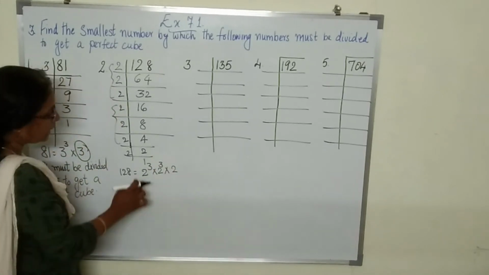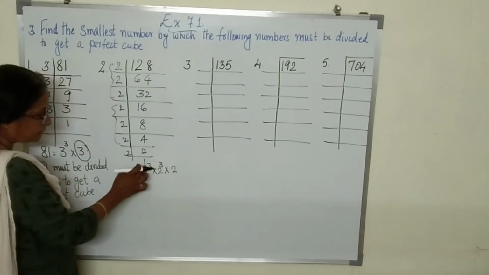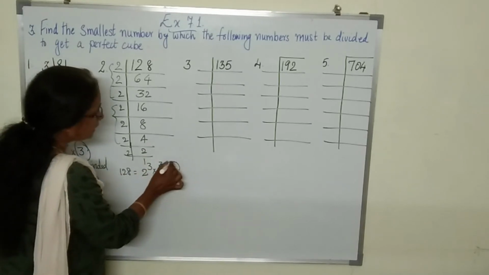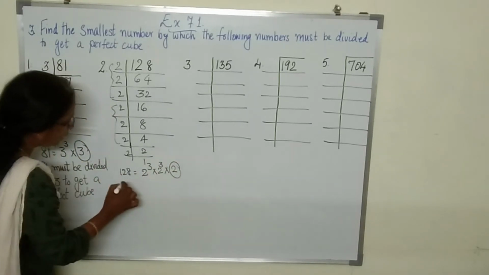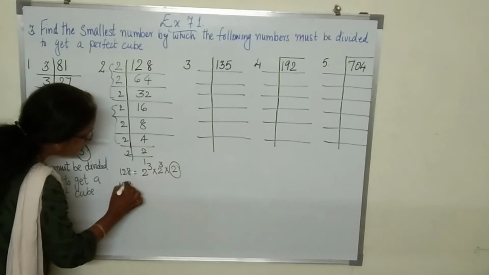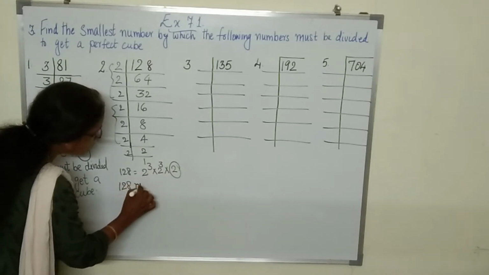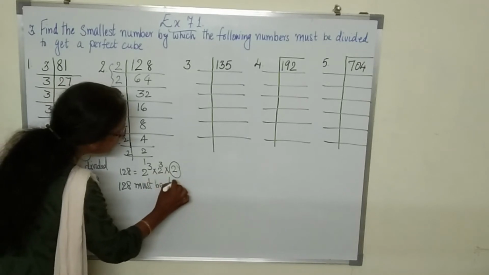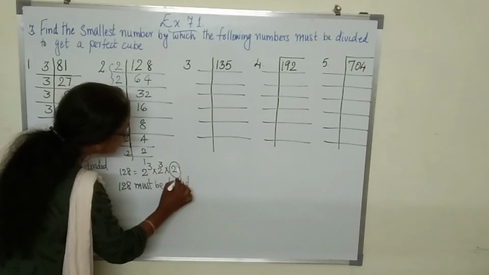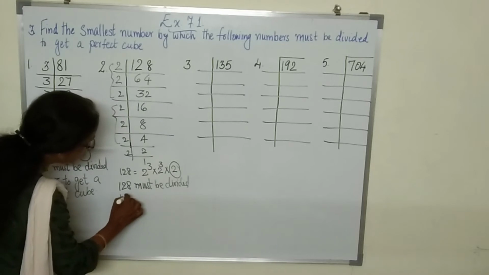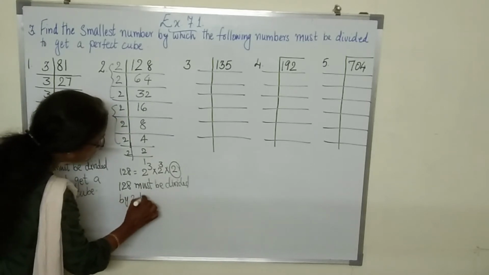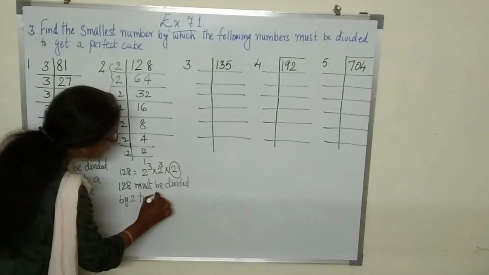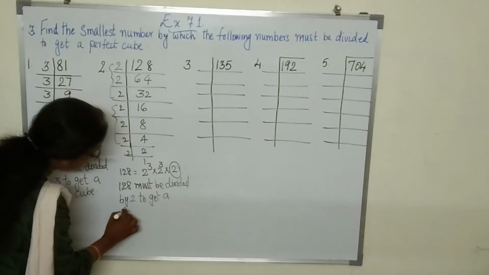So what is extra here? These two factors are cubes. What is extra? 2. So 128 must be divided by 2 to get a perfect cube.